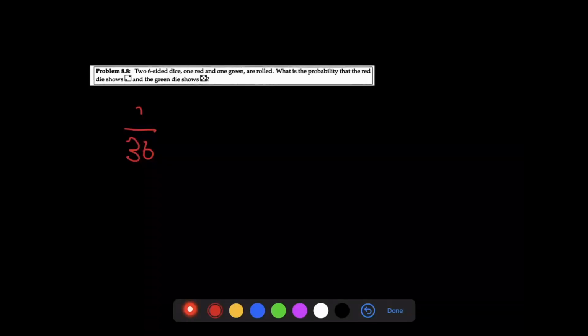Now let's get into multiplication with probabilities. 2 6-sided dice are rolled, 1 red and 1 green. What is the probability that the red dice shows a 2 and the green dice shows a 5? Well, we can just say how many total possibilities there are, which is 36, and there's only one possibility where this happens.